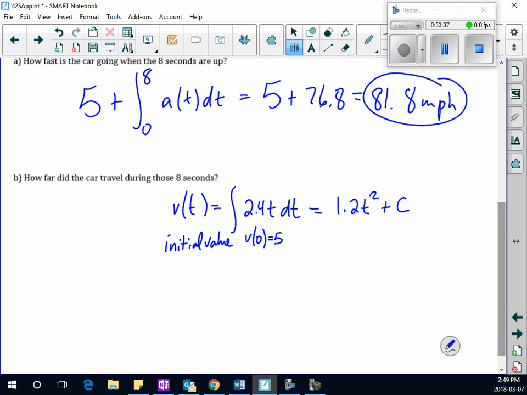So at time 0, it's 5. So 5 equals 1.2 times 0 squared plus c. You don't have to write all this, but c is 5. You can pretty much, by inspection, see that c is 5. So that means v of t is equal to 1.2 t squared plus 5. So now we're going to integrate again.